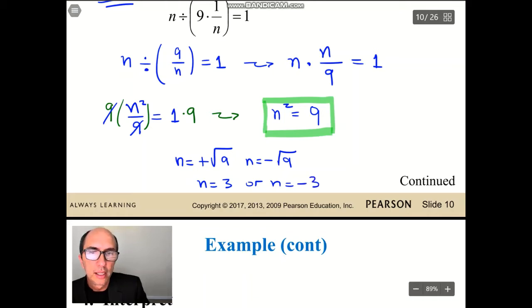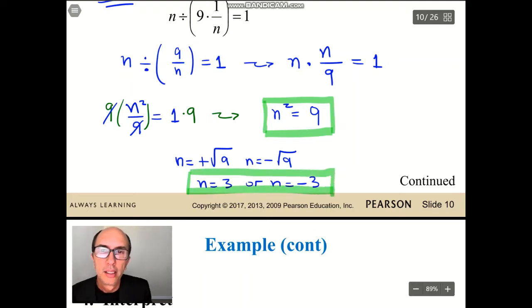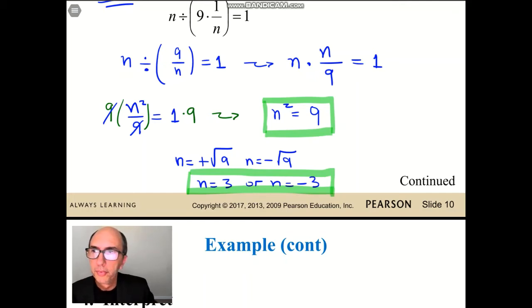Those are the possible answers, the solution for this word problem, right? For this equation. It's kind of a number problem containing rational expressions.